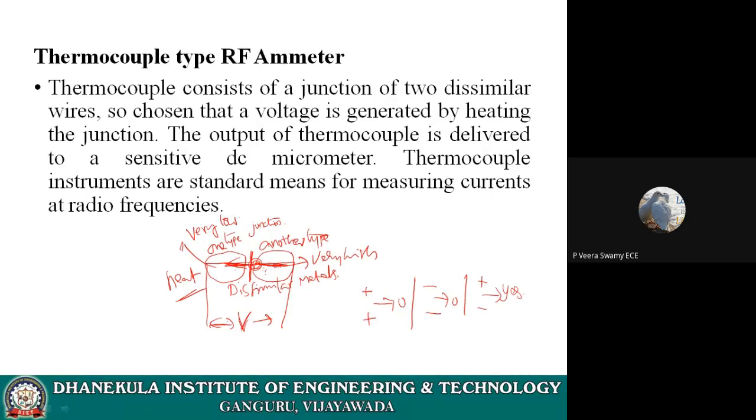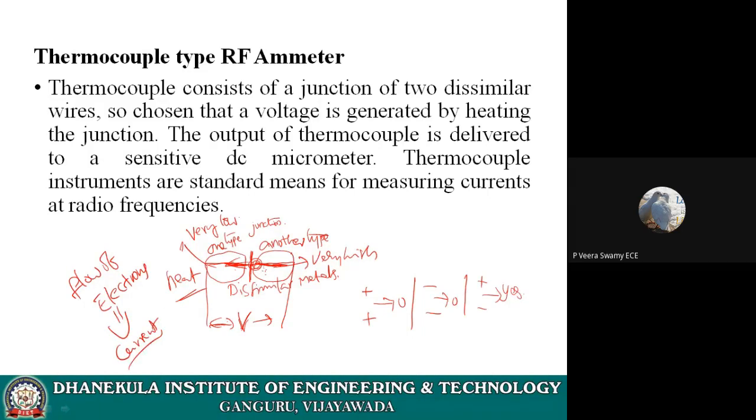With the temperature, automatically these two materials get equally heated. That means from one metal to another metal, temperature transfers. In one metal to another metal, temperature transfer is nothing but flow of electrons. That flow of electrons is nothing but current.